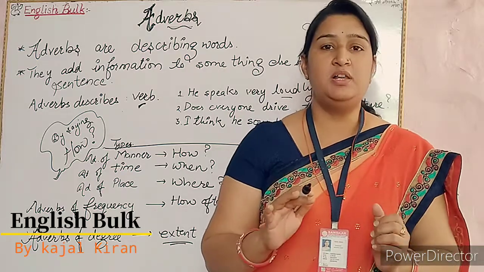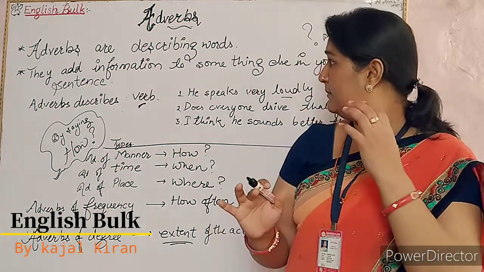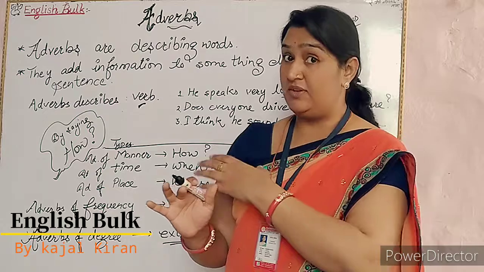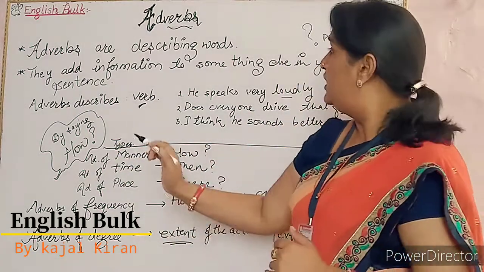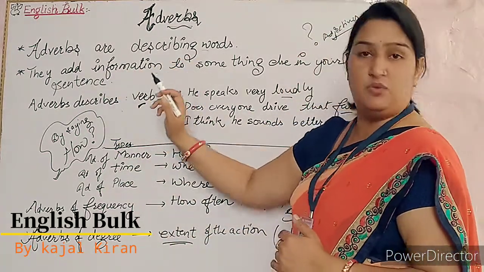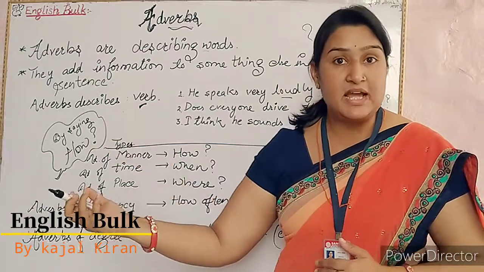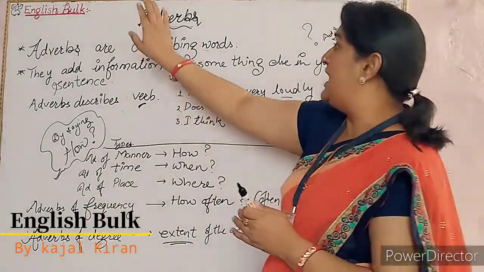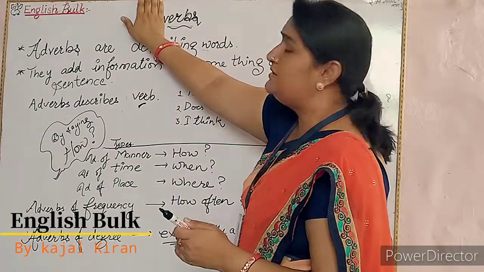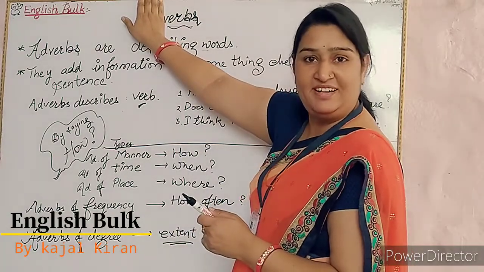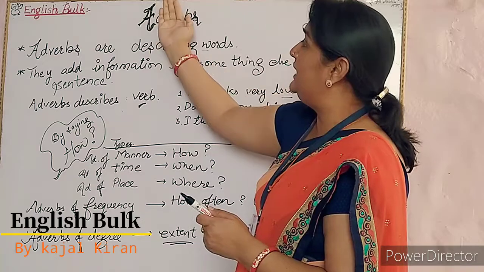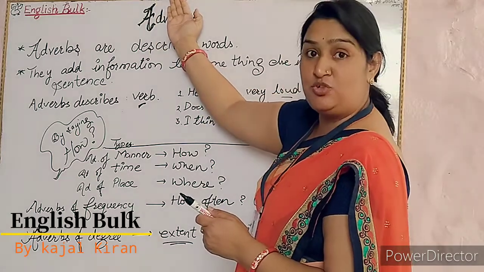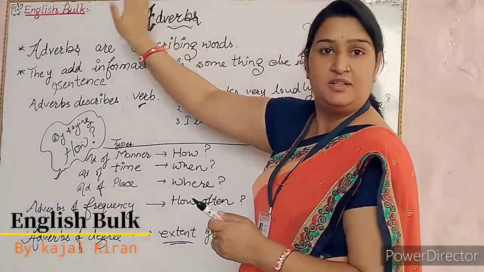Now, first of all, moving to the information I have written here for you. Adverbs are describing words. What do they describe? They describe verbs. Just see, adverb, इसमें ही verb छुपा है ना? तो adverbs क्या करते हैं? They add meaning to the verbs.